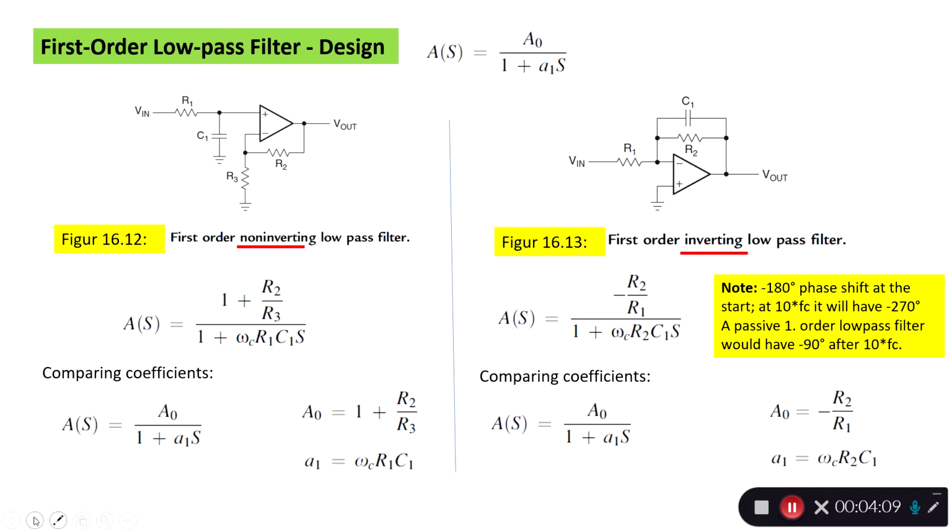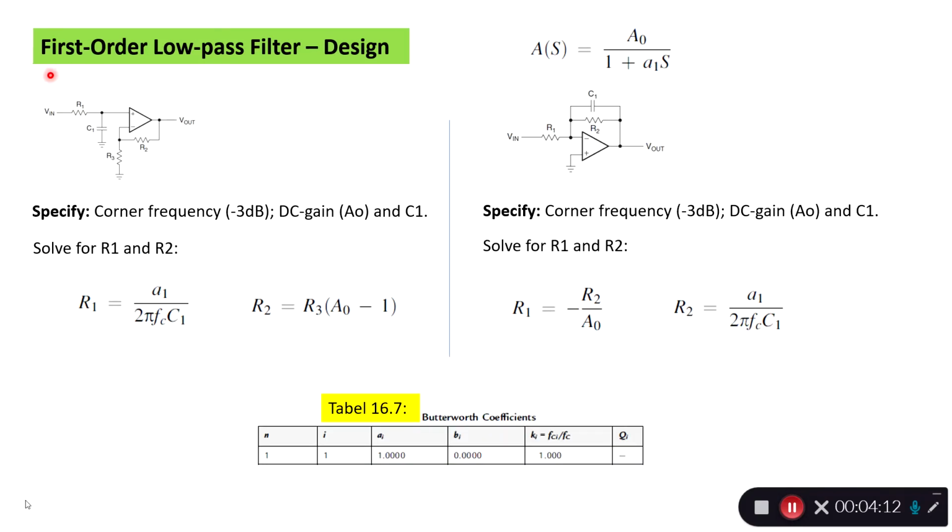Yeah, let's have a small design where we actually find the coefficient. So normally we specify the corner frequency or the -3 dB frequency, which has many names, and we have to specify the passband gain A0 and a capacitor.